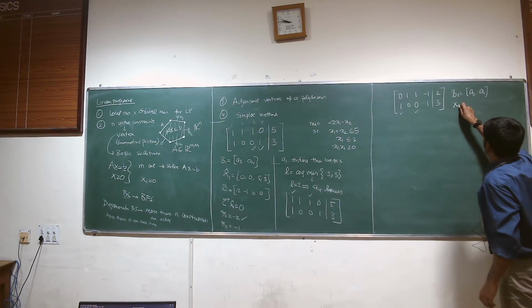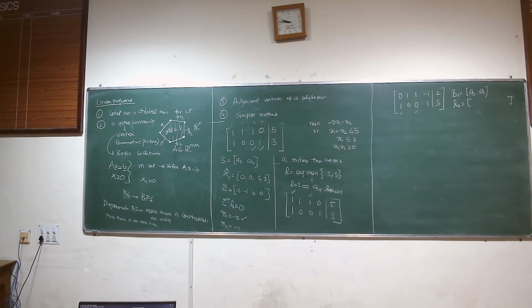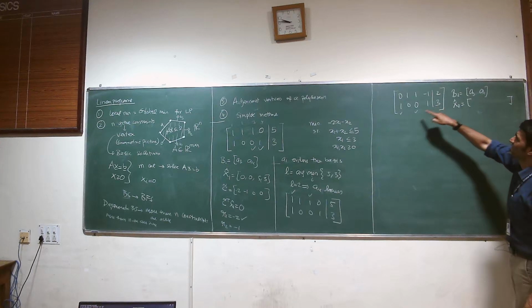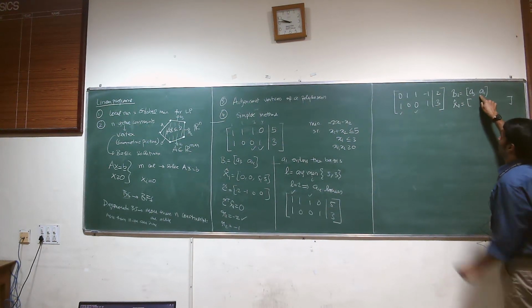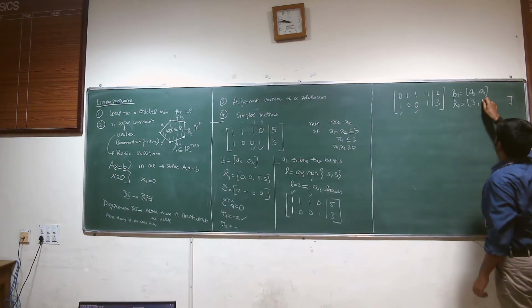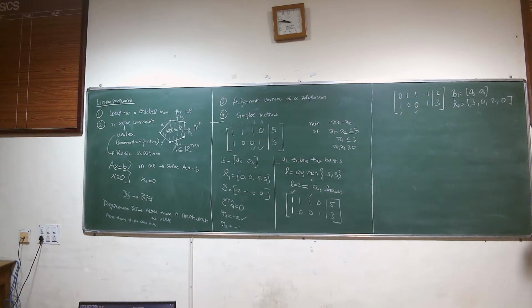What is x2 now? If you solve for this, what will you get? 3, 0, is it? Why is it 3? Okay, that's fine.